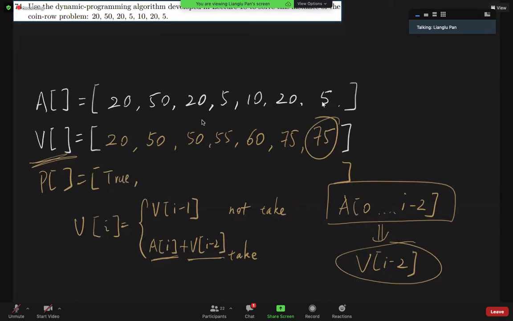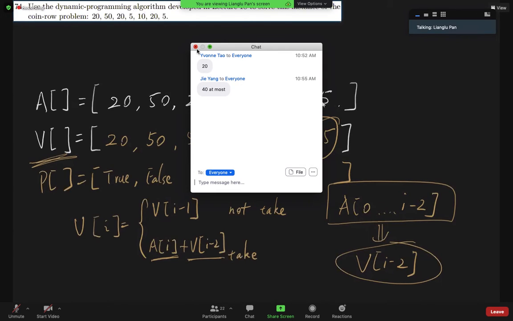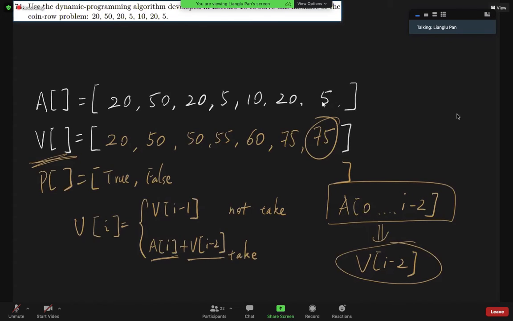If we are not taking that coin to get the maximum amount, then we can have a false for that coin. This can help us find out for each coin whether we should take it or not in order to maximize the total amount of money.